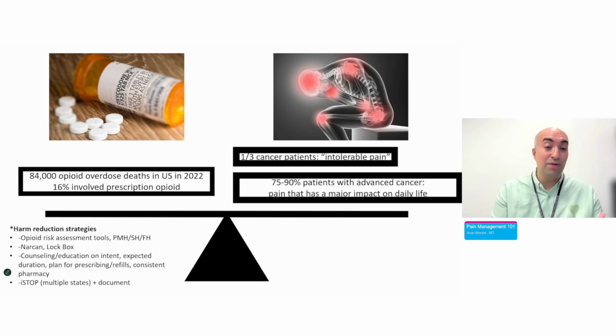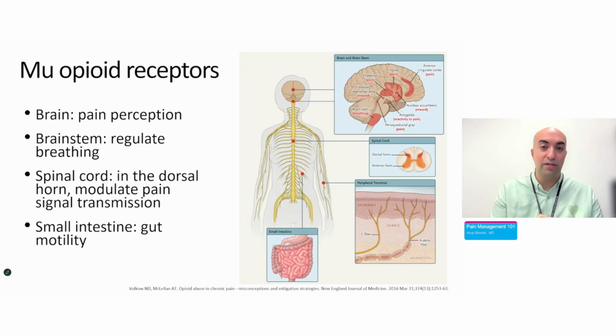What education can you provide on the intent of starting it, how often you're going to see them, expected clinical policies, and what our goal is overall? Then use your iStop or similar tools to get information from multiple states about prior prescriptions, letting them know that you're going to check those things, and incorporate that into your notes so you can see what they've been prescribed previously.